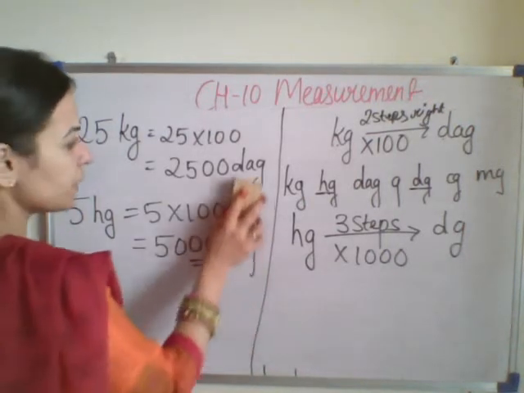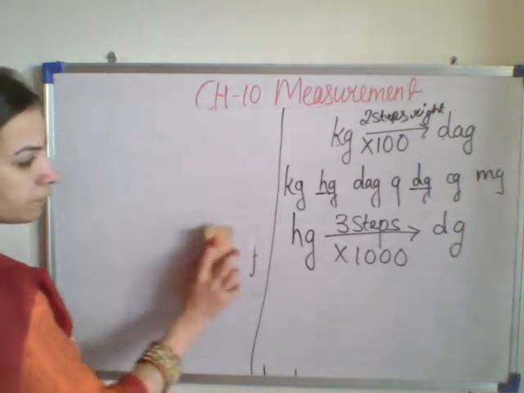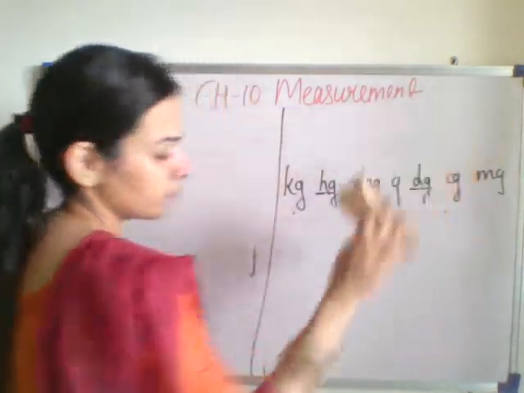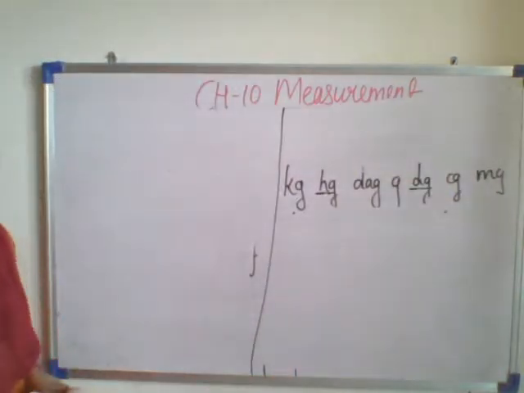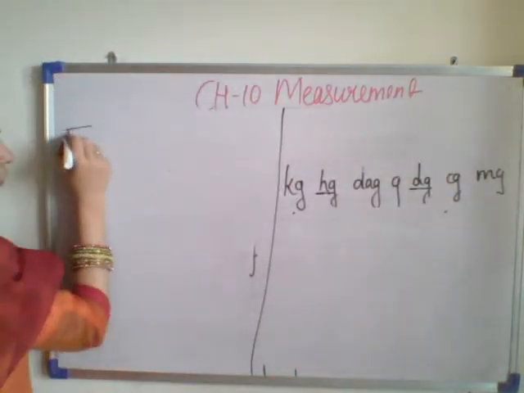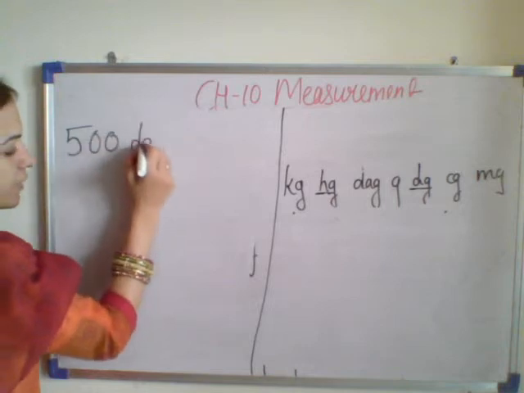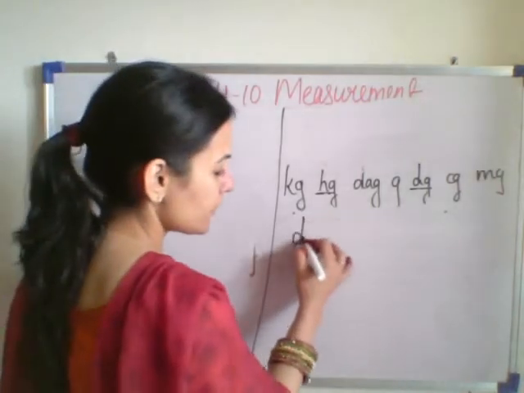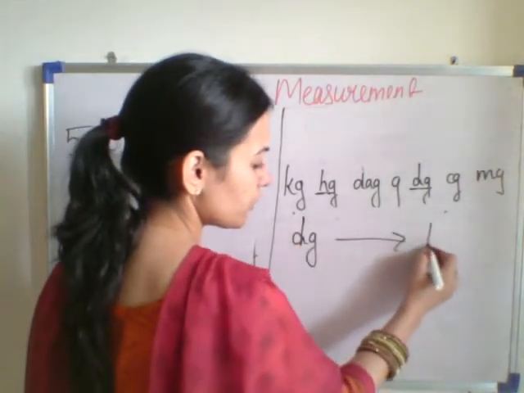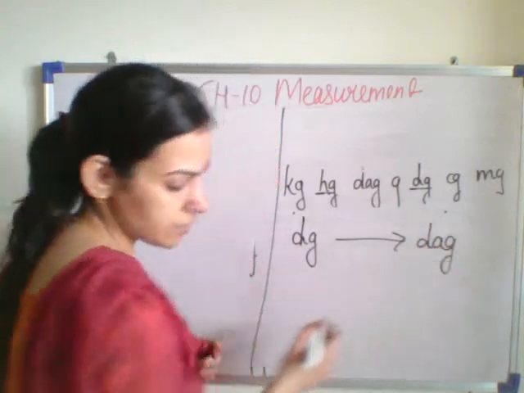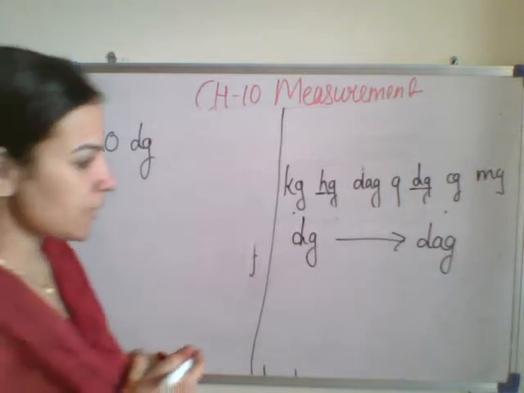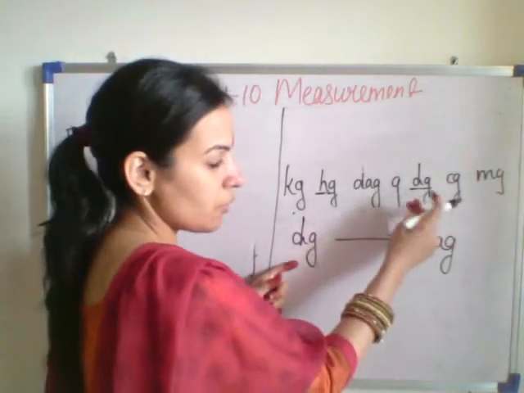Now let us do some other questions. Suppose I want to convert 500 dg, decigram, into decagram. Decigram I want to convert into dag. So see, where is dg?